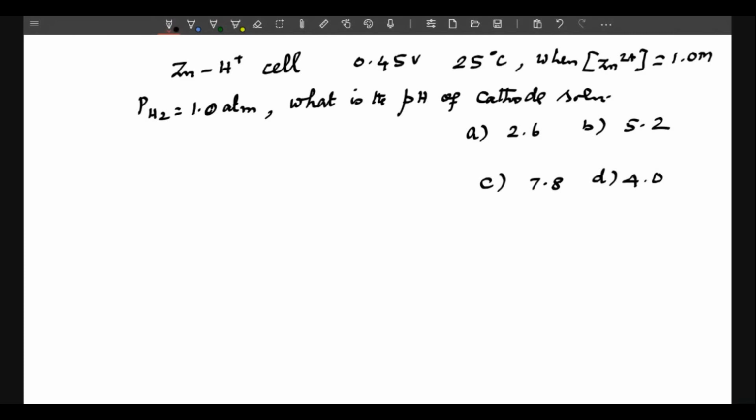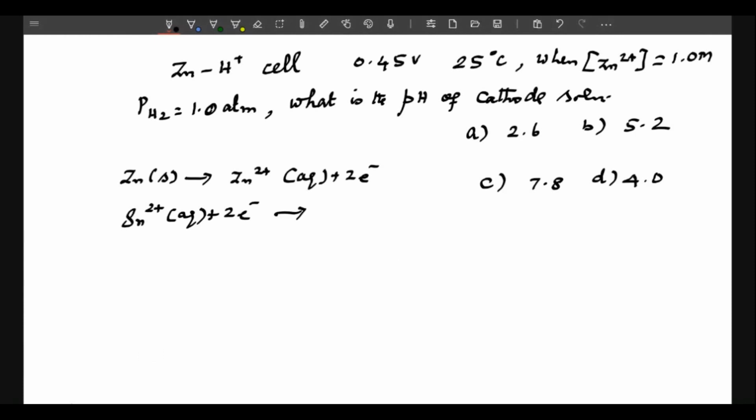problem. Consider the voltaic cell, where the anode half reaction is zinc solid giving Zn2+ aqueous plus 2 electrons, and the cathode half reaction is Sn2+ aqueous plus 2 electrons, giving tin solid.